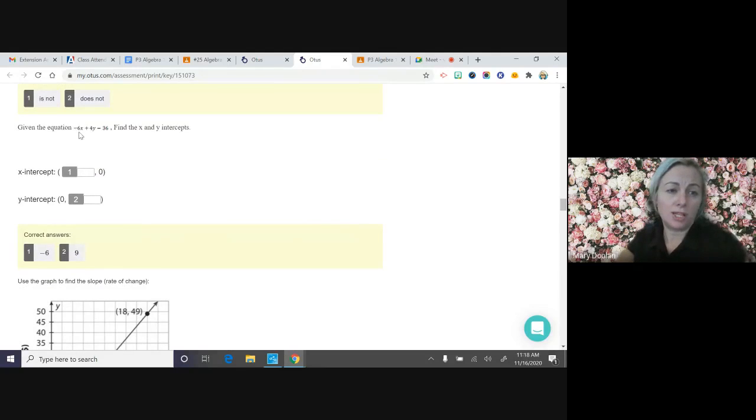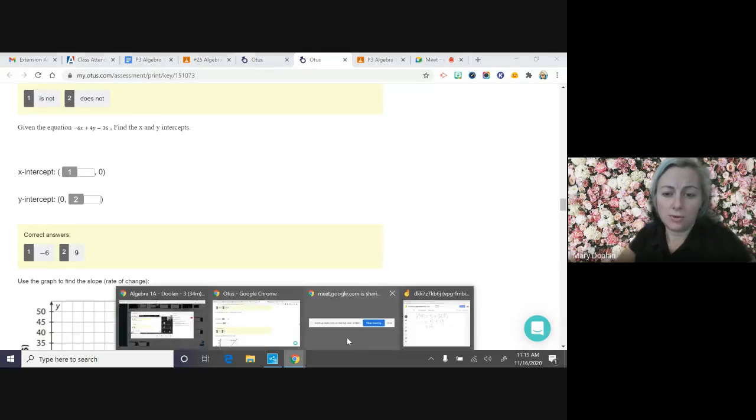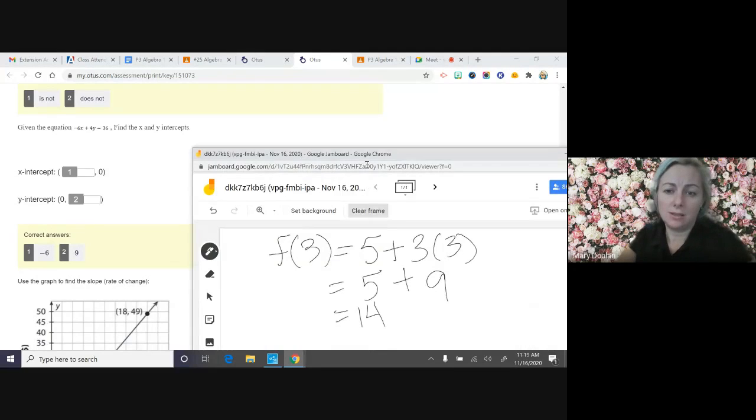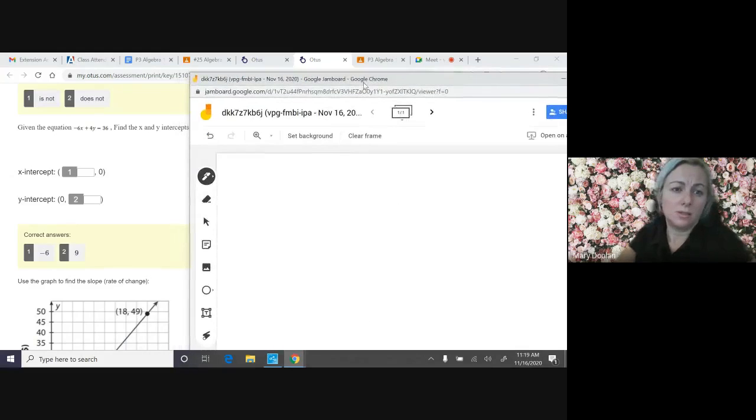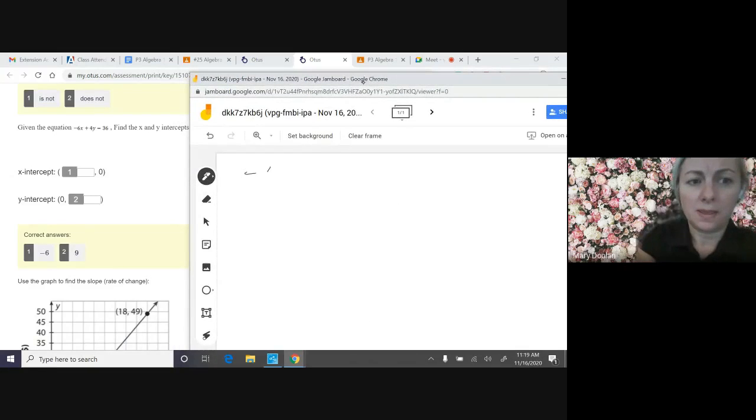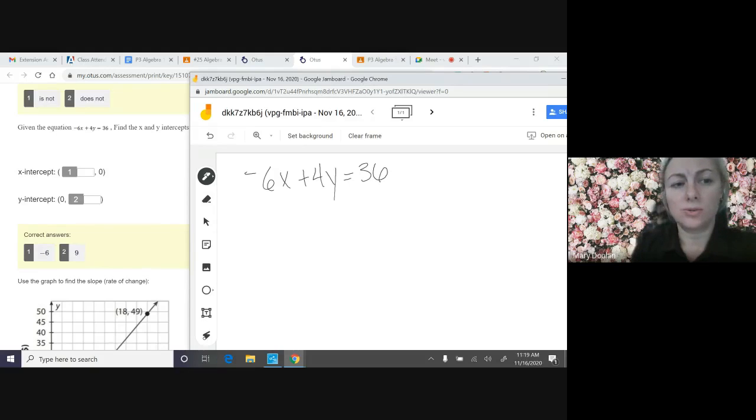Given the equation negative 6x plus 4y equals 36, find the x and y intercepts. Okay, so you take your equation. And to find the x-intercept, we're going to set y equal to 0.